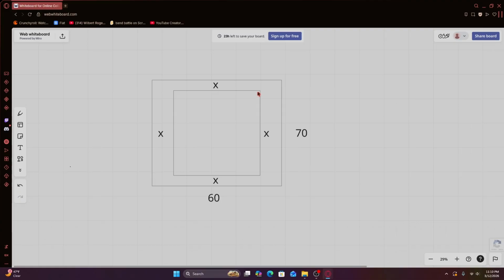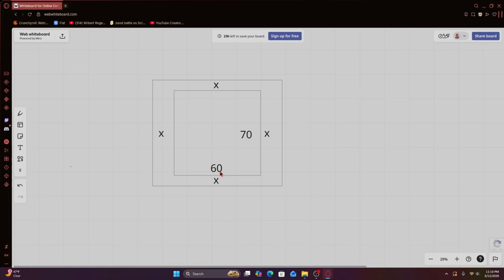So I have to figure out how large it is. 60 by 70, and the space in between is x. So 60 times 70 would be the inside of this square, the tiny one.